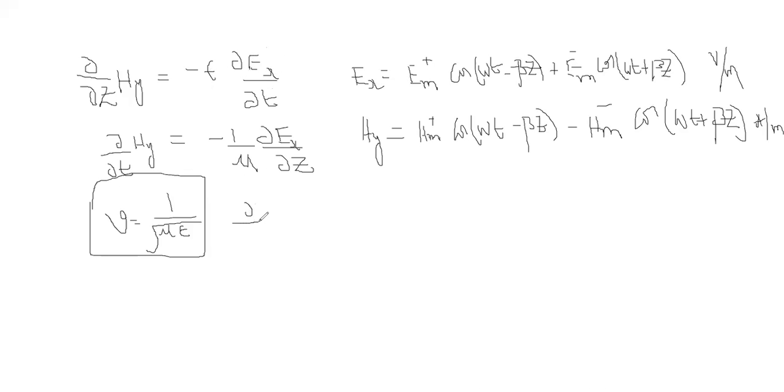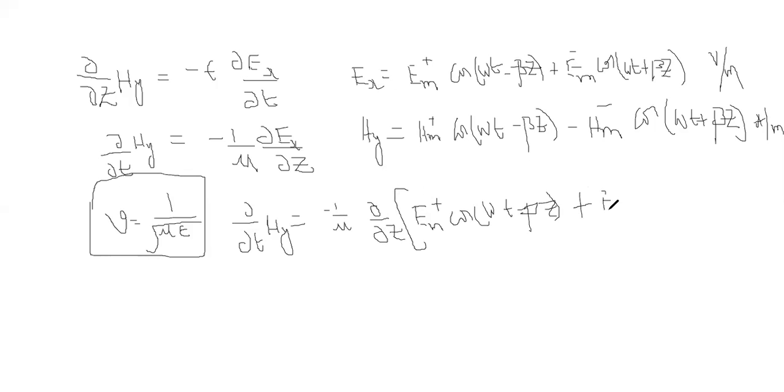In the second equation, dou Hy by dou t is equal to minus 1 by mu into dou by dou z of Ex, and you can substitute the Ex value there: Em plus cos(omega t minus beta z) plus Em minus cos(omega t plus beta z).